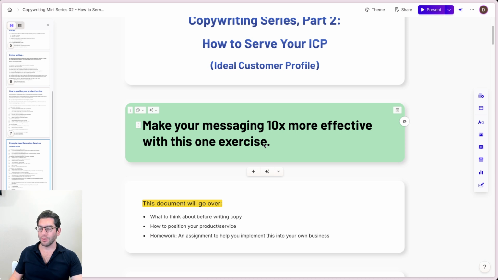So by going through this exercise and understanding how to communicate with them and how to position the product so that it's intriguing and exciting and enticing for them, you're making them feel comfortable to do something that they already want to do. They want the thing, but they need to know, like, and trust you.